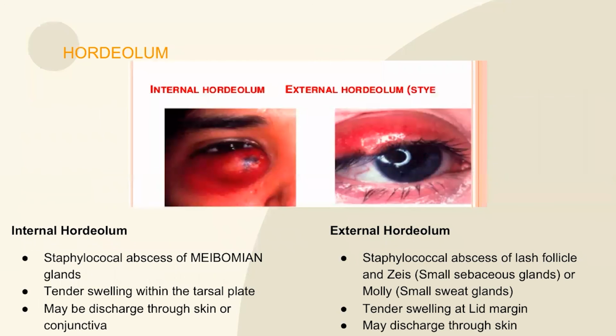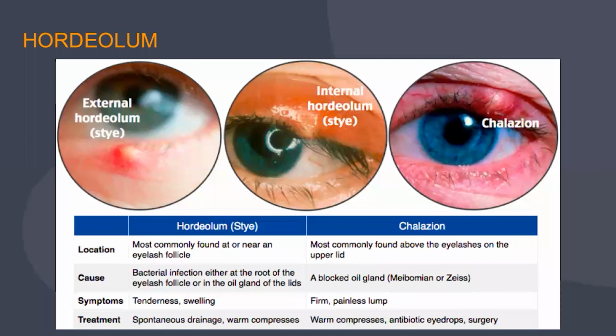The internal hordeolum is a staphylococcal abscess of the meibomian glands, while the external is a staphylococcal abscess of the lash follicle and the glands of Zeis, also known as small sebaceous glands, or Moll, which are the small sweat glands. So they're both tender swellings. The discharge also can be discharged through the skin.